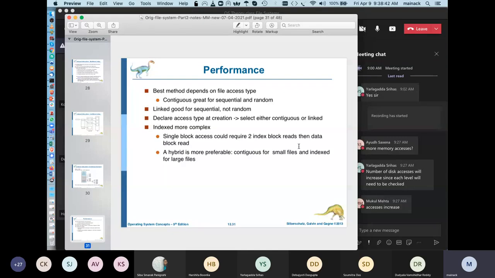Since in the operating system, most files are small, like if you look into the file sizes, most of them are small binaries. And those binaries, if one actually reaches like 1 MB, it's actually pretty huge. So essentially, you have a hybrid where you use contiguous memory allocation for small files, and indexed memory allocation as the file size grows.